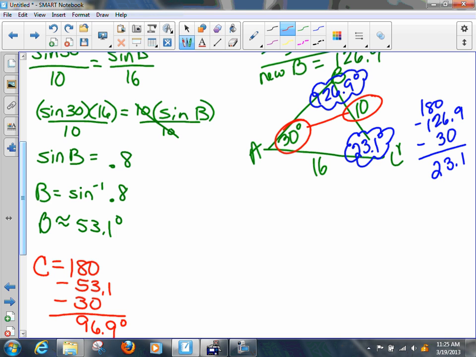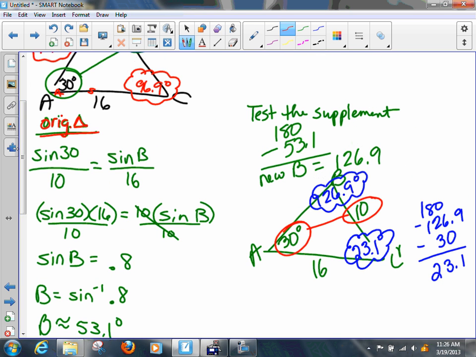Yes. On the cases? Oh, when you test that supplement, when you do that new angle B, yeah, unless it's a no-triangle-exists case. And you will know immediately, when we do the next example, when you try to test that second triangle and you're like, oh, hold up, no. Boom, you're done.